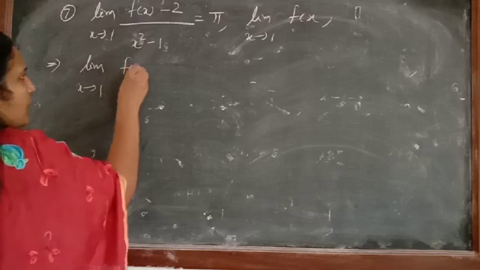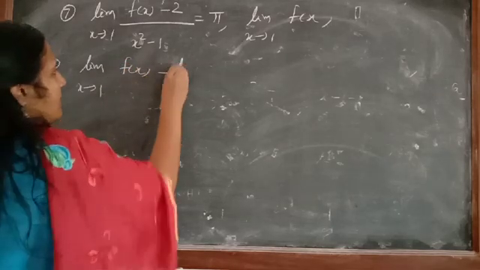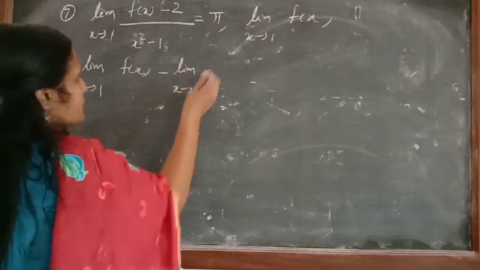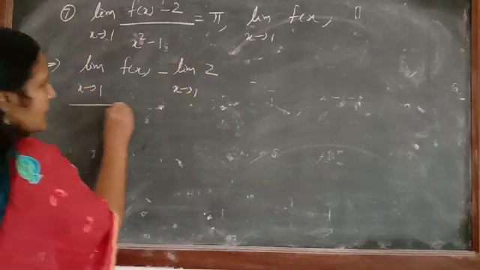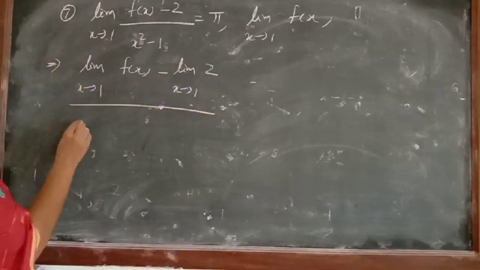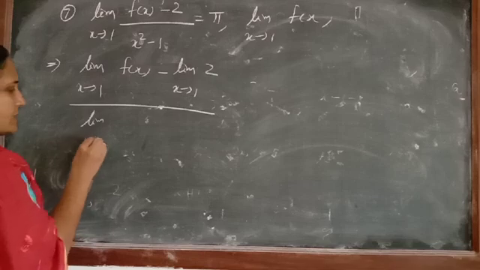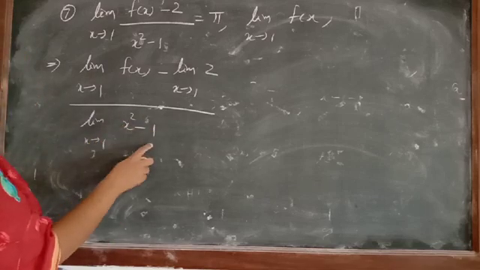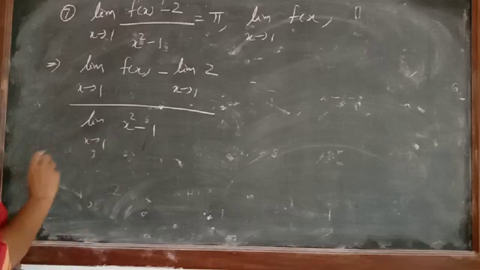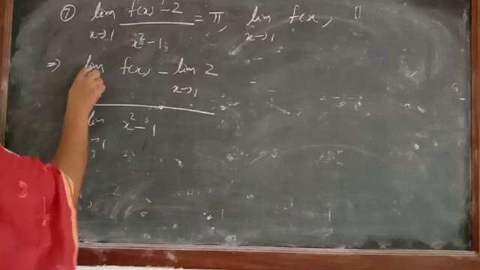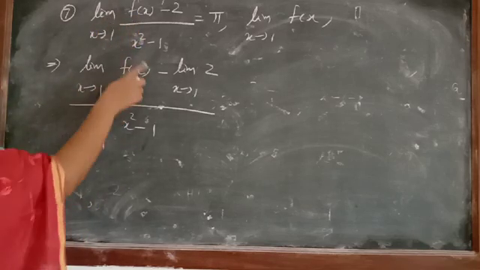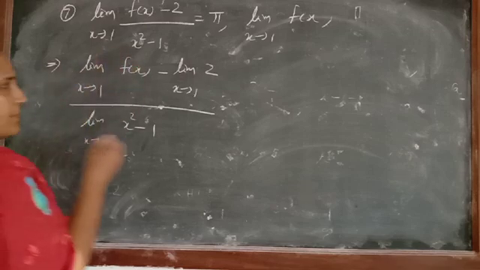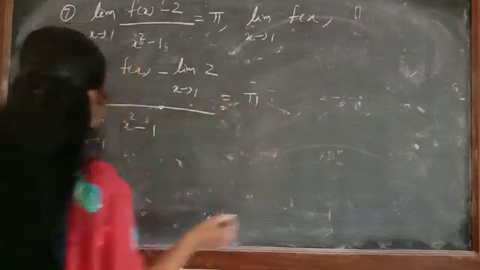Limit x tends to 1 f of x minus limit x tends to 1 2 by, in the denominator also it can be written separately, limit x tends to 1 x square minus 1. Here I haven't written separately because it is a polynomial function there. Here we have to calculate limit x tends to 1 f of x. That's why I written here separately, equal to pi.